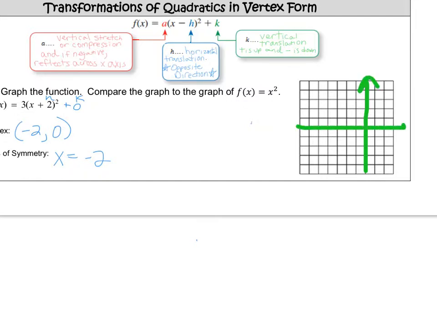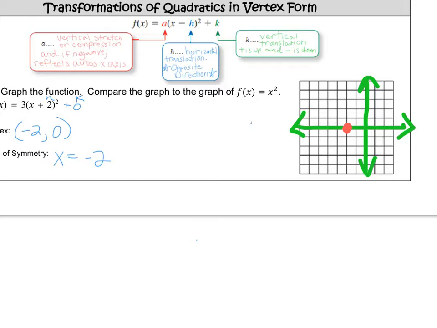Okay, so there's my lovely X and Y axis. Now I can start graphing my vertex. So my vertex is at negative 2, 0, and I'm going to do my boxes over here just by 1. So negative 2, 0 is right here. On my x-axis, I'm going by 1s. On my y-axis, though, I think I'm going to need to go by 3s.